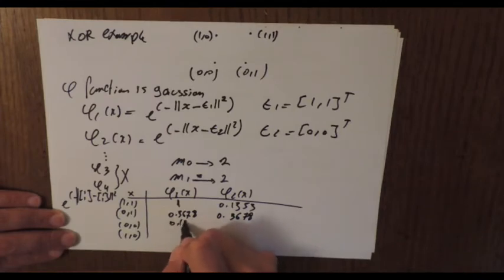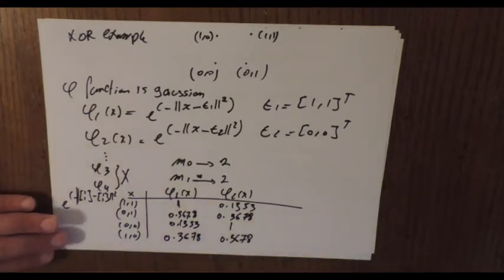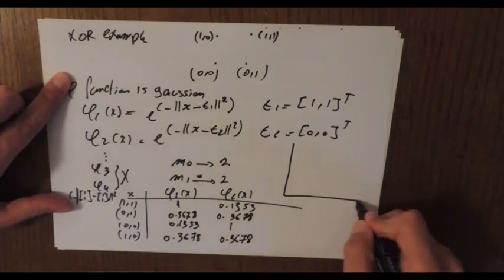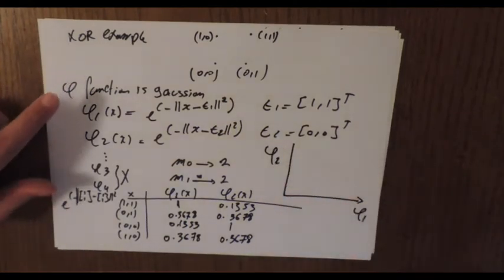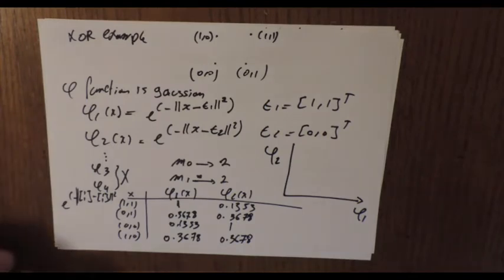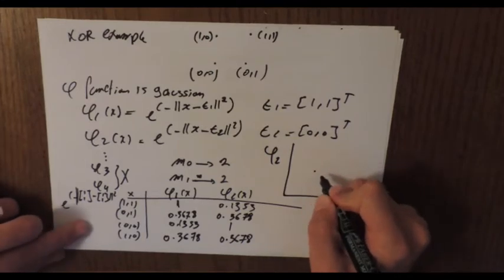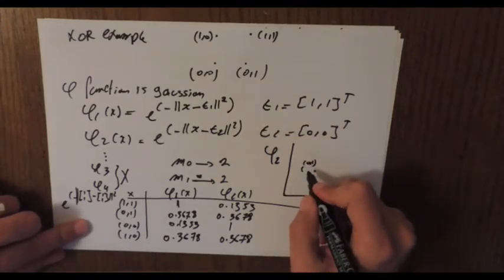This will be 0.1353, and this is 1. This will be 0.3678, and this will also be 0.3678. So if we plot this in the phi space, this is phi 1 and this is phi 2. Now we can see we have 2 points here actually, 0, 1 and 1, 0.